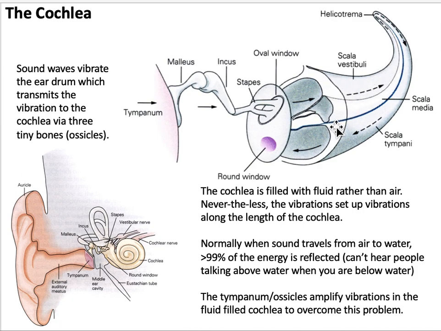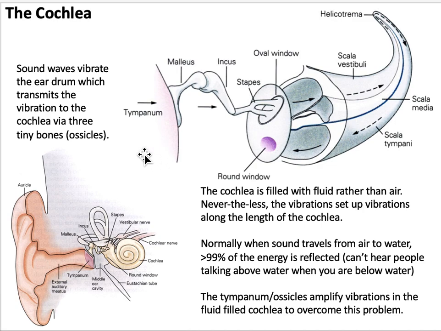And this thing is filled with liquid. The reason it's filled with liquid is because this is the external solution for neural cells, and therefore it has to have ions, and the ions have to be in solution. So now we have this problem that we have to go from pressure waves in air to water. And so most of the time when you have pressure waves and you have materials that are very different density, so air to water, and water is much more dense, most of the sound energy will just reflect off.